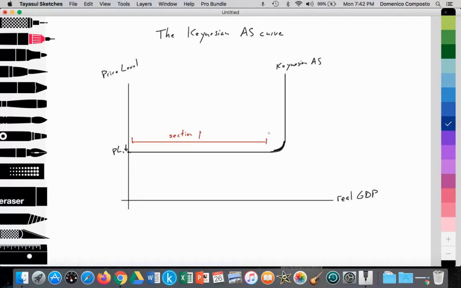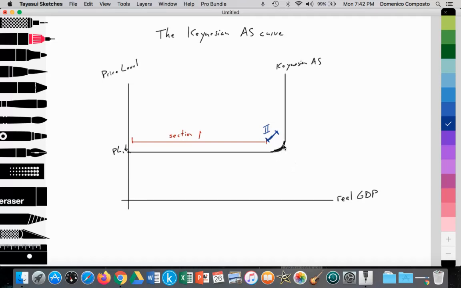Next is section 2, which I'll draw from here to here. From this portion to this portion, we'll call that section 2. And here we have the economy beginning to fully employ its factors of production, land, labor, capital, entrepreneurship, and we're getting to the natural rate of unemployment, or the long-run average rate of unemployment in an economy.